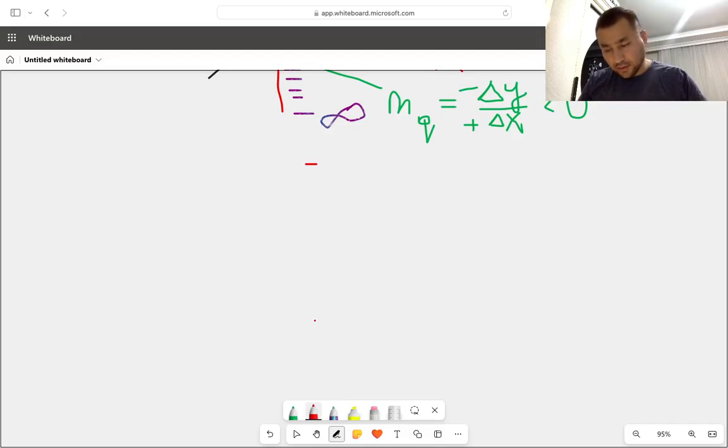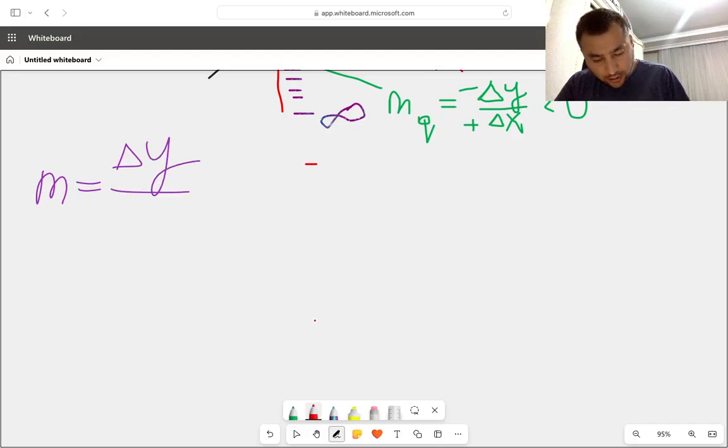I will be writing here. So basically it is m equals delta y divided by delta x. So what does delta y mean? It is y2 minus y1.